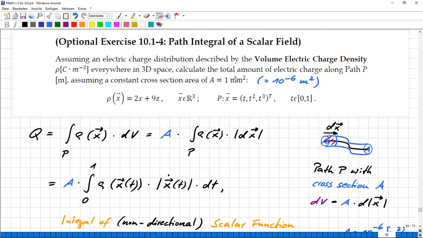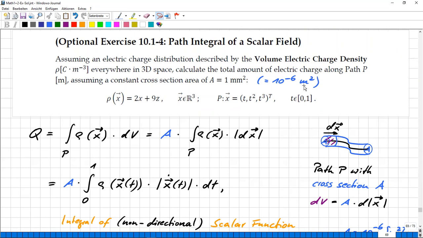So please note that if I use square millimeters and then transform to standard international units, I must remember that a millimeter is a 1,000th of a meter, but in the squared version, this means 10 to the power of minus 6 square meters, right? The factor is 1,000,000 to transform from square millimeters to square meters.